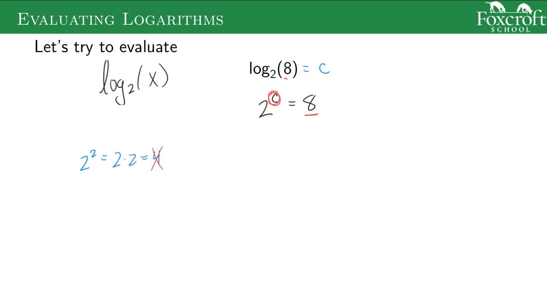Well, if 2 squared doesn't work, maybe try 2 cubed. 2 cubed is 2 times 2 times 2, and you get 8. And that's exactly what you want. So the answer for this one, log base 2 of 8, is going to be equal to 3. And why is that true? Because if I take 2 and I cube it, I get 8. So it makes sense when I switch backward to my exponential function that that is what I'm trying to get.